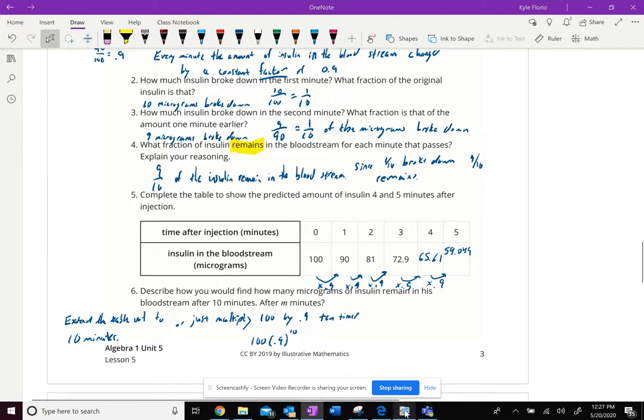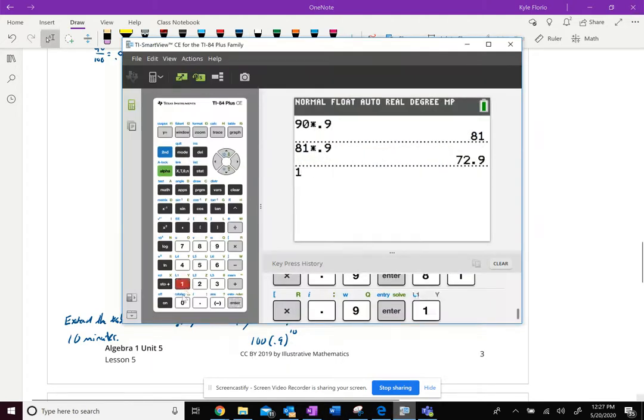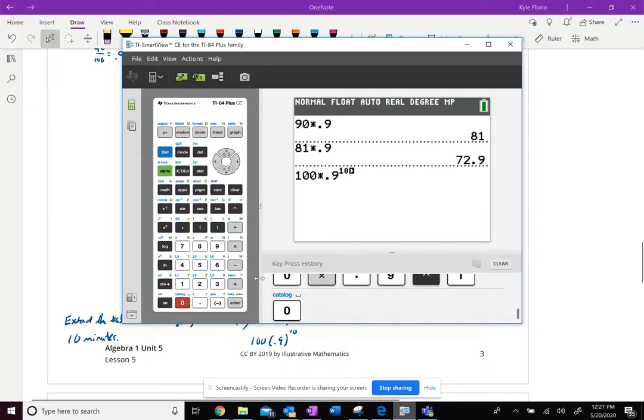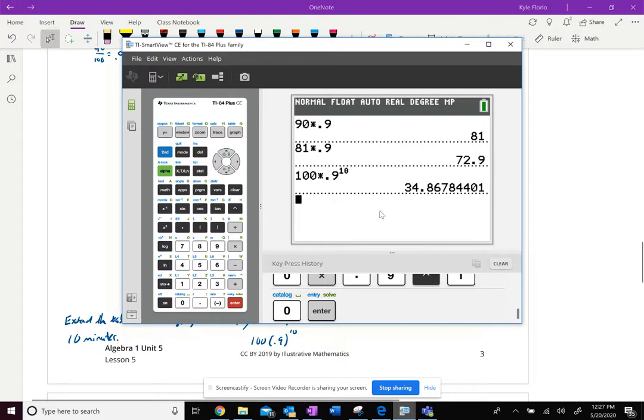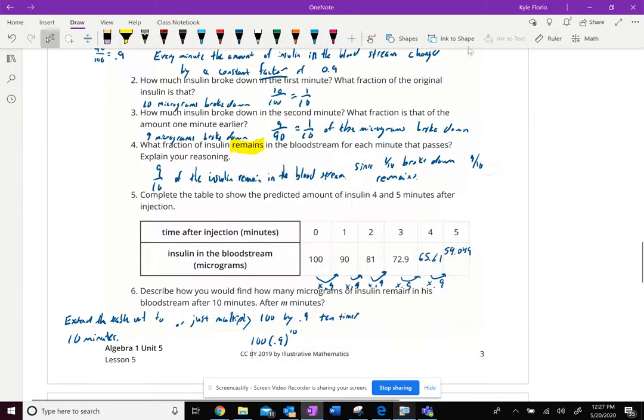It's not asking us, but let's see what that would be. 100 times 0.9 to the 10th. That's about 34.9 micrograms.